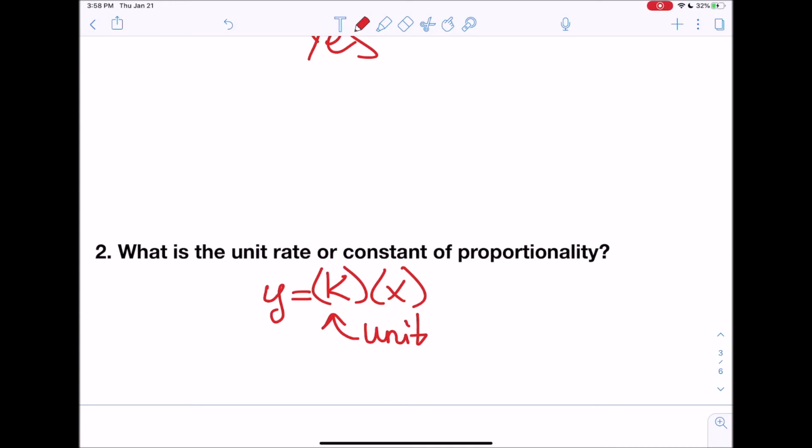Well, we said it was 8, so that means the unit rate is 8, right? We said that 8 times x was giving us the y. So that means our unit rate equals 8.